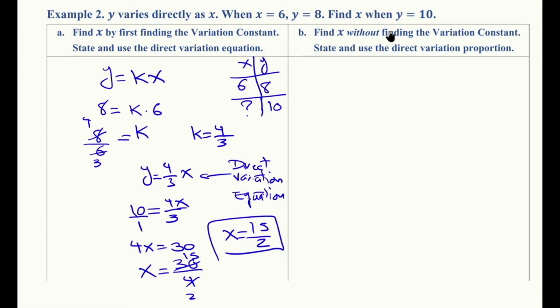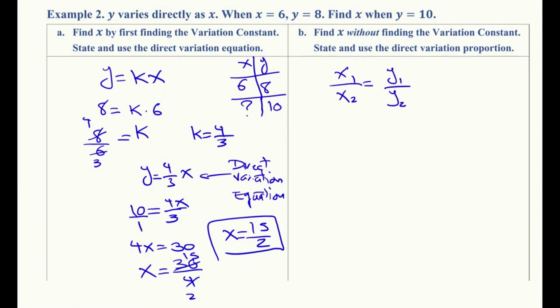Now, here, we're asked to find x without finding the variation constant first. So we're going to use the direct variation proportion. Remember, the direct variation proportion said if you have two ordered pairs, x1 and y1, that satisfy the relationship, then x1 is to x2 as y1 is to y2.